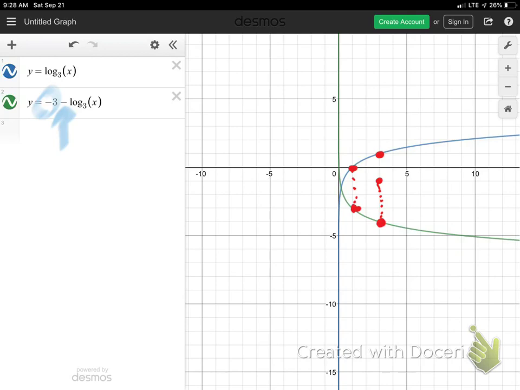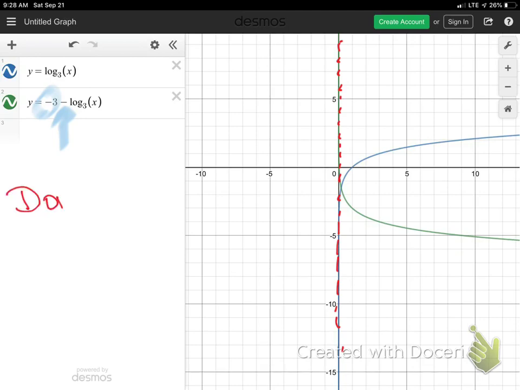So this graph, the green graph, is the graph of our transformed function. And our asymptote is actually the same. Our asymptote right here is x equals 0. And so, because of that, our graph approaches 0, but we never ever touch 0.